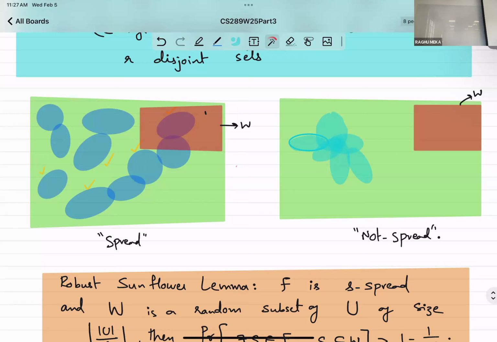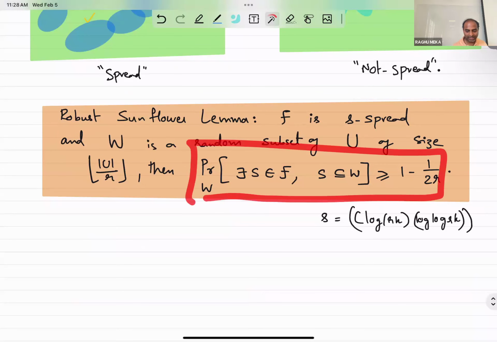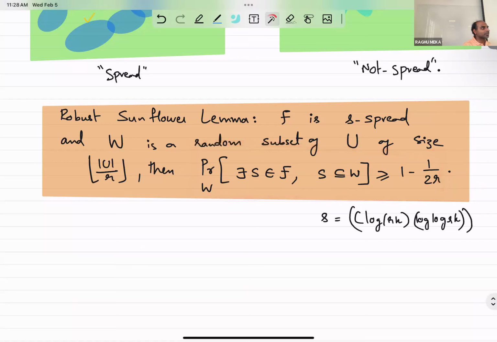Qualitatively, it makes sense that this probability would be higher in the left picture than in the right picture. And it turns out that is actually very true. In fact, for a spread family, the probability is quite high, 1 minus 1 over 2R. Does the statement make sense? As I said, this is again a conceptual leap, which is important. You're pulling a rabbit out of the hat by expecting such a statement to be true.